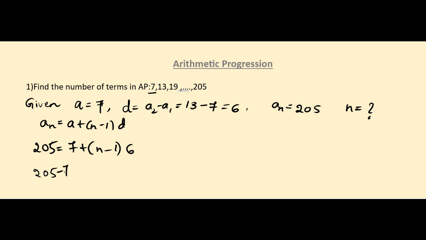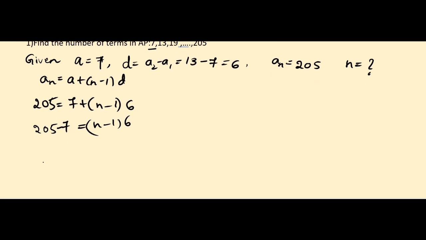205 minus 7, when 7 comes to the RHS, it becomes minus 7, equals n minus 1 into 6. 205 minus 7 is 198, equal to n minus 1 into 6.